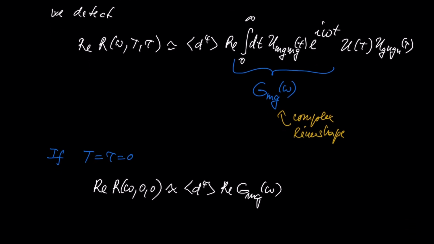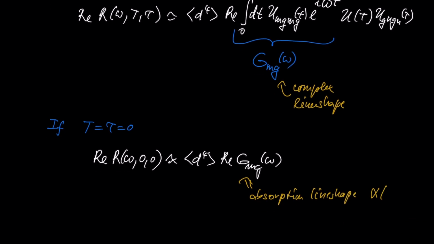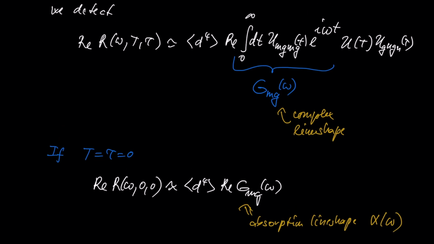The important thing is that this here is the absorption line shape, which is no more complex. It's real. Let's call it alpha of omega.